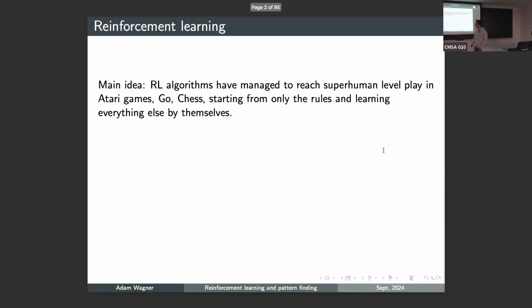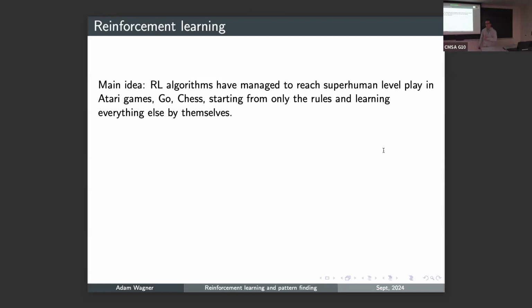Okay, so let's begin. I will start by telling you the simplest possible way you can go about attacking conjectures in mathematics using reinforcement learning. To set the scene, the idea is as follows. We have these companies, for example, DeepMind was mentioned many times in this conference already, and these companies have come up with reinforcement learning algorithms that are very good at playing chess, Go, Atari games, and they can play these games at superhuman levels.